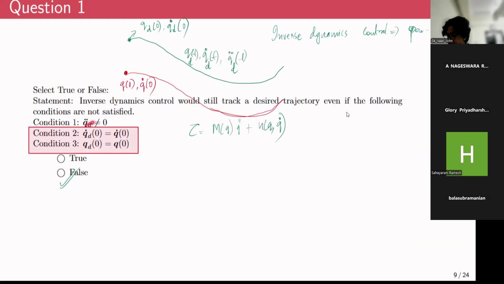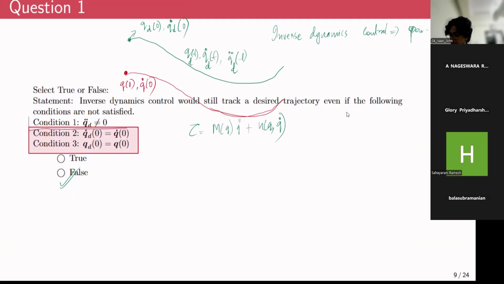And the first statement essentially says Q desired double dot should not be 0, right? The acceleration of the desired trajectory should not be 0, because otherwise this term would be 0, and your estimated torque would be different. So in order for this term to not be zero, Q desired double dot should also not be zero.